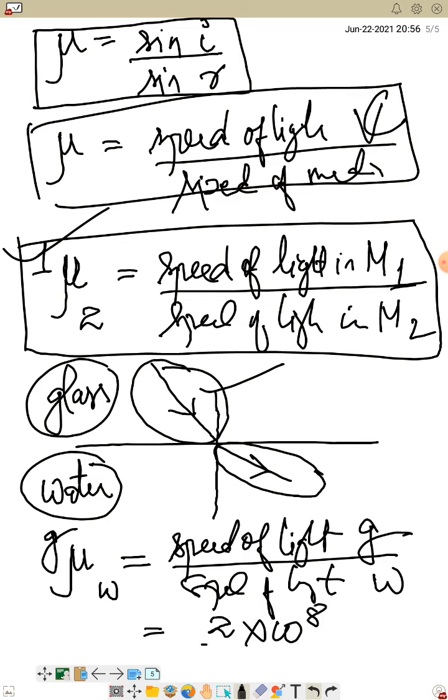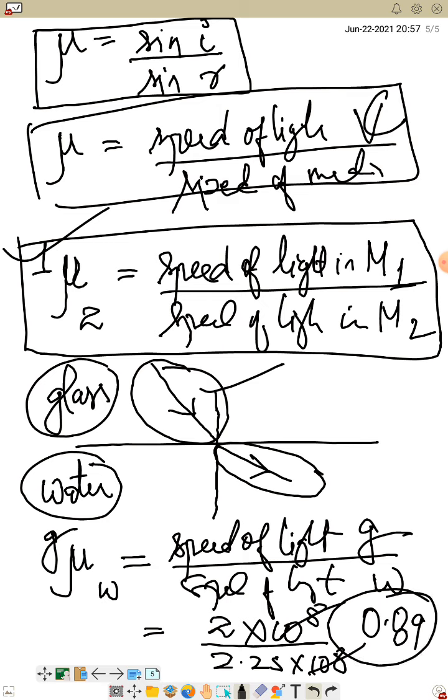This is the speed of light in glass. And what is the speed of light in water? It is 2.25 into 10 to the power 8 meter per second. This gets cancelled, so I'll have 2 by 2.25, that is 0.89. So this is my refractive index of whom? Of water. The refractive index of water with respect to glass is 0.89.